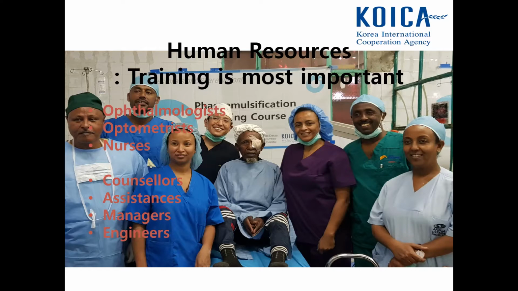But there are more than 1 million blind patients due to cataract or other diseases over the whole of Ethiopia. Actually, the cataract surgery rate in Ethiopia is 576, which means only 576 per 1 million can get the surgery.